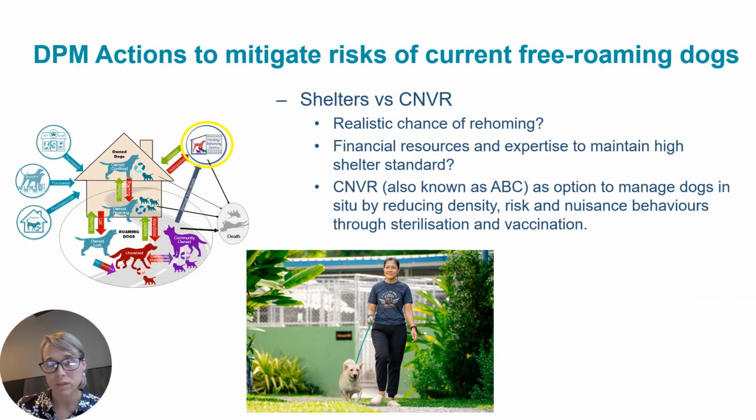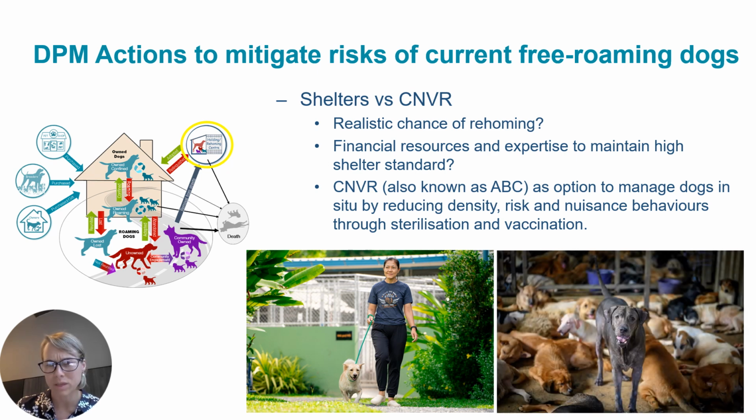Many countries do invest in systems for reuniting and rehoming. This measure can be effective if there's a realistic chance of rehoming the dogs and if there are funds available to run these to a reasonable standard. The example in the photo is Soy Dog Foundation in Phuket.